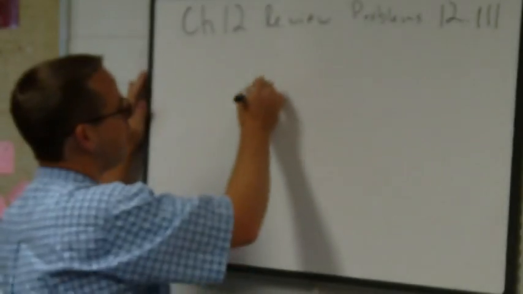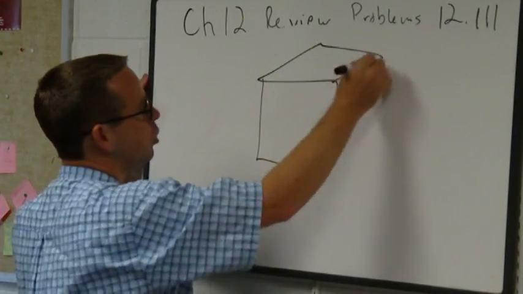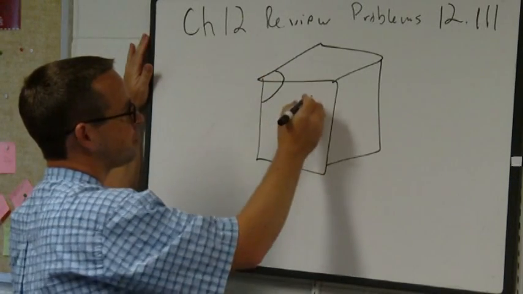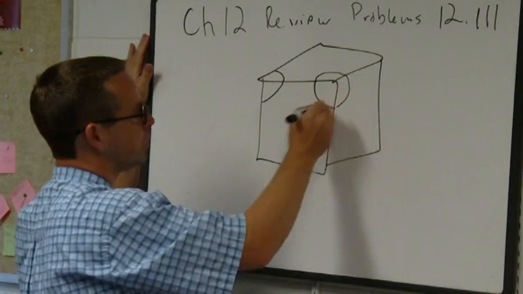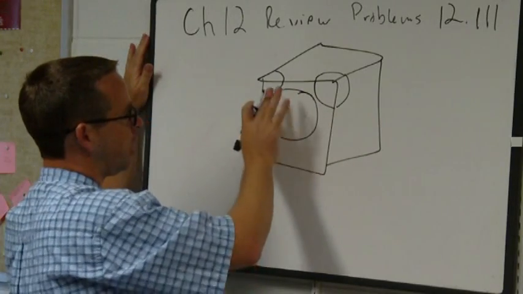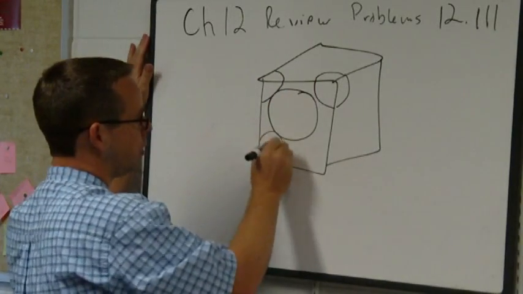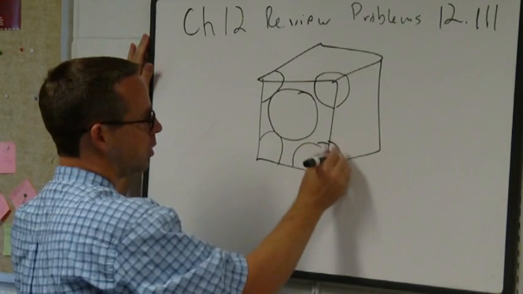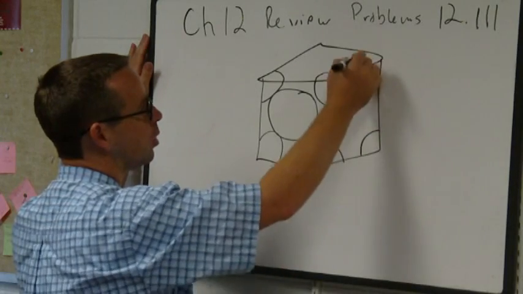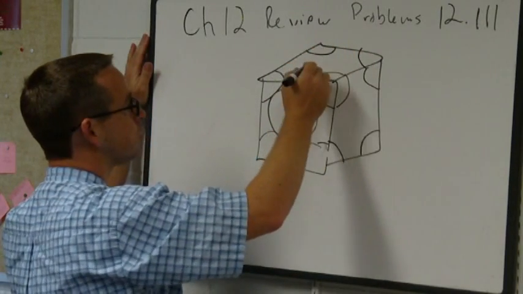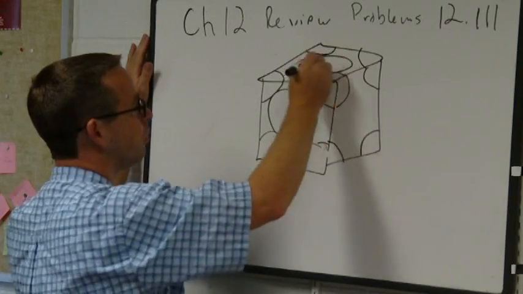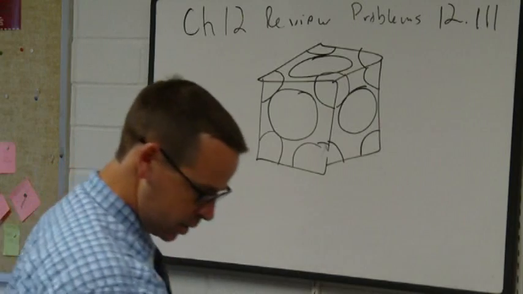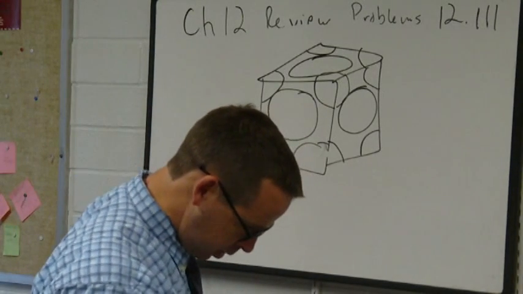Again, we have our cube here, and we have 1/8 of an atom here. We have 1/2 of an atom here, so we're cutting it in half. You have another face here, another face here. Okay?